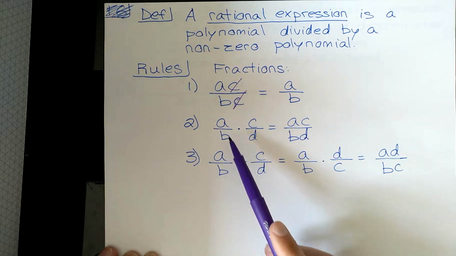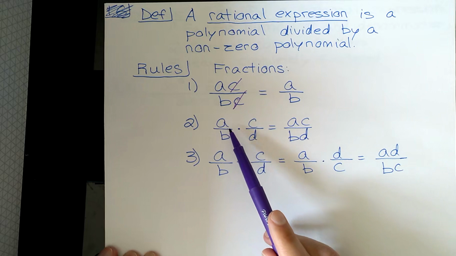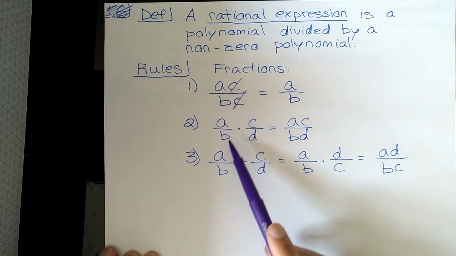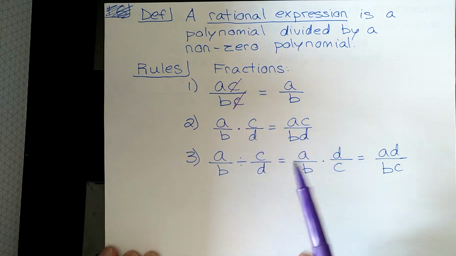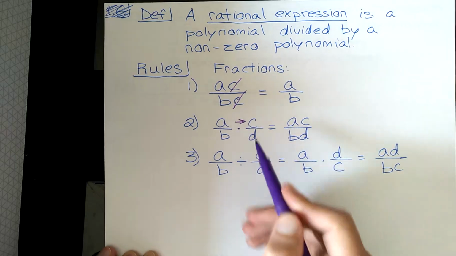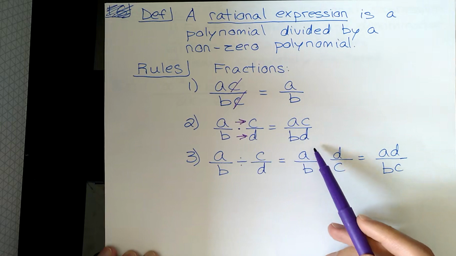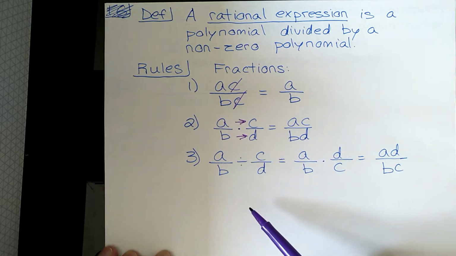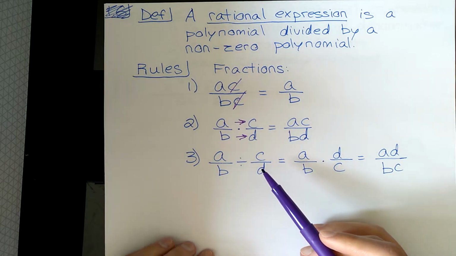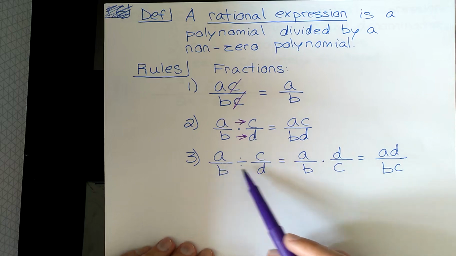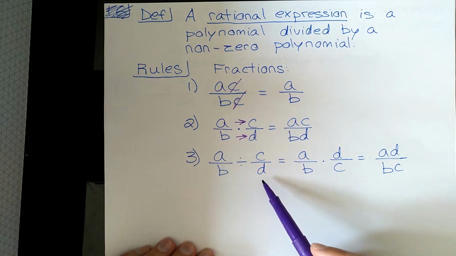From here, we have another rule that says to multiply two fractions, if you have A over B times C over D, you multiply straight across, which gives you AC over BD. The last rule out of these three is if you are dividing fractions, A over B divided by C over D, you use the copy dot flip method.